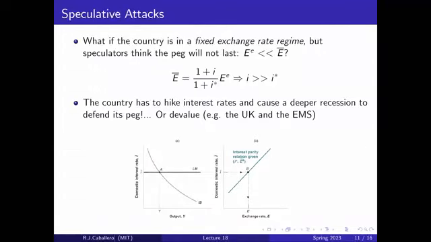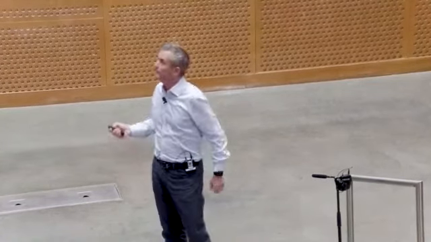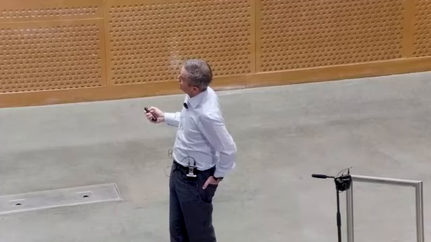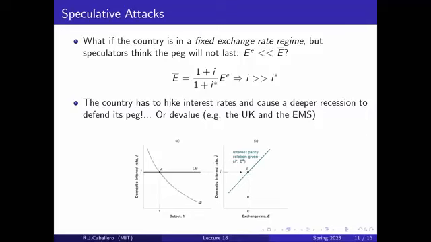Another problem that can arise with fixed exchange rates is speculative attacks on the currency. Sometimes the peg is not credible, and when the peg is not credible, suppose people expect your currency to depreciate, so the expected exchange rate goes down, and suppose that you do want to keep your peg today. That's what typically happens.